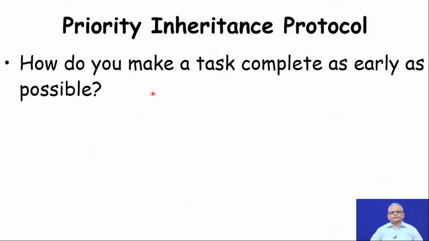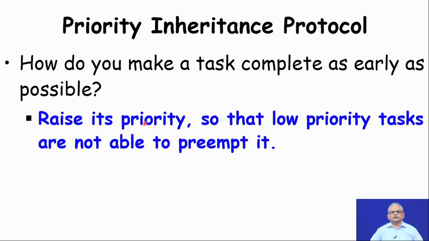If you remember, a low priority task which was executing in the critical section was getting delayed by intermediate priority tasks, which started to use the CPU, and the low priority task could not make progress. So, the solution here is to raise the priority of the low priority task, so that the intermediate priority task cannot preempt it. But then by how much to raise the priority of the low priority task executing its critical section?